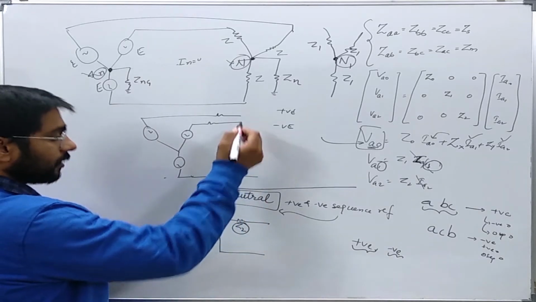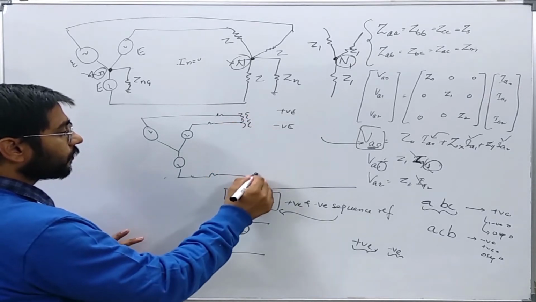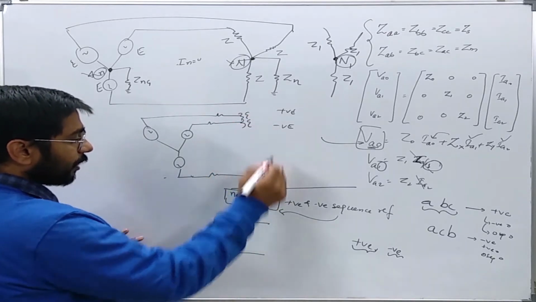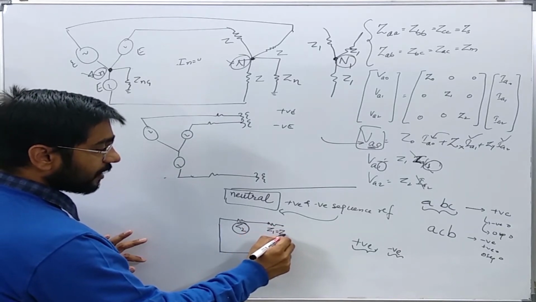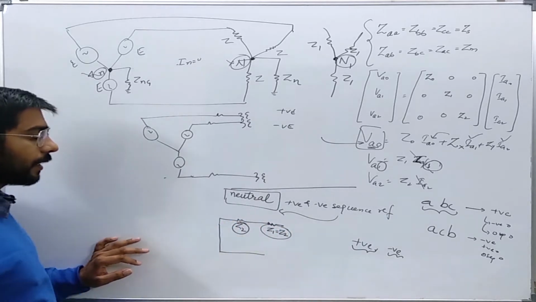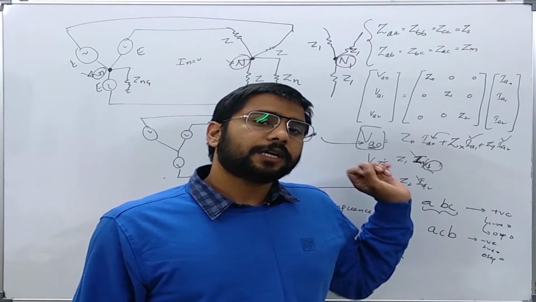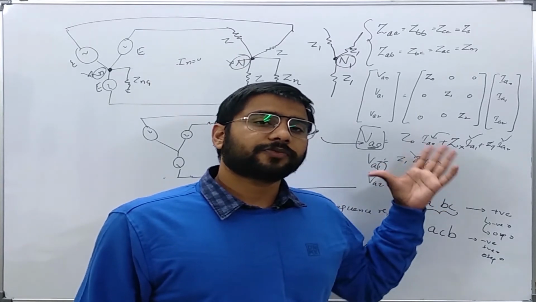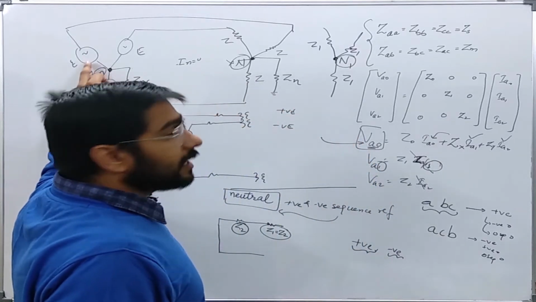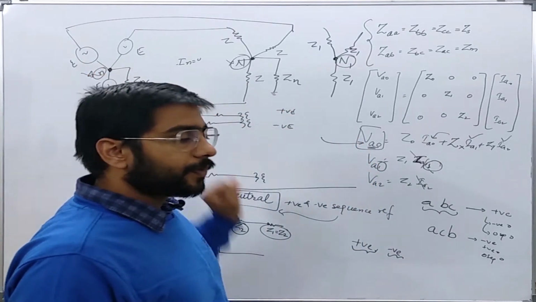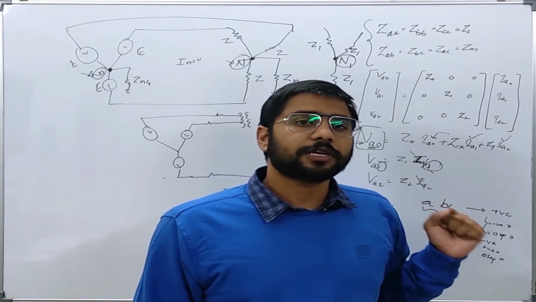If it is just a static device like a transformer, then the equivalent impedance will be the same in both the positive sequence as well as the negative sequence network. In this way we can find the negative sequence network of any power system just from its positive sequence network, just by putting the voltage sources to 0. Now in the next slide we will discuss the zero sequence network.